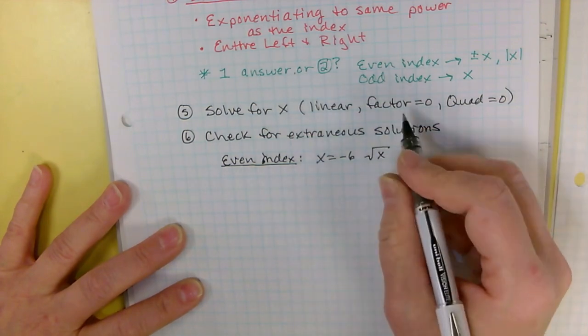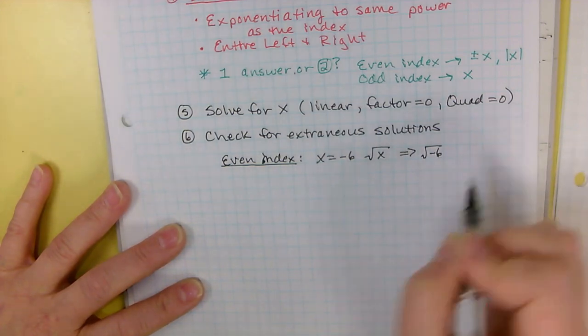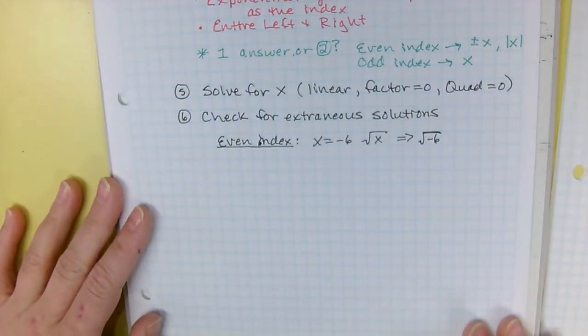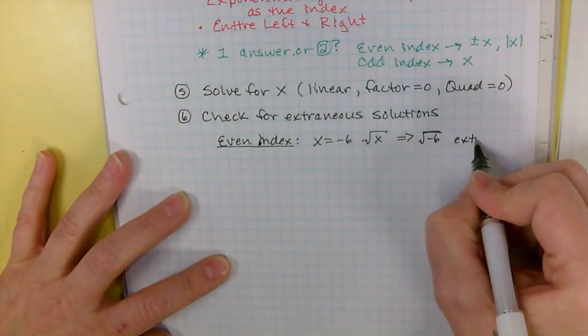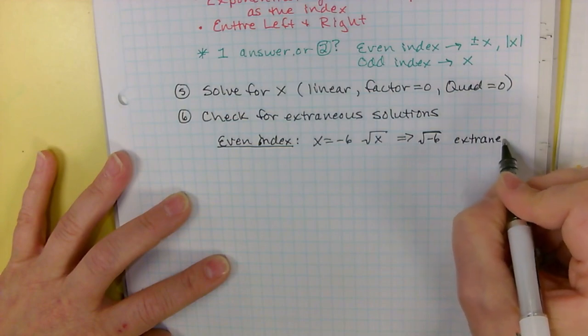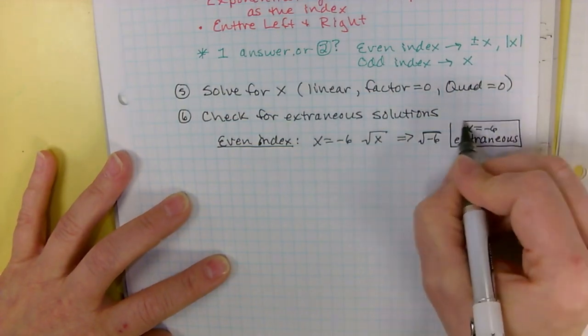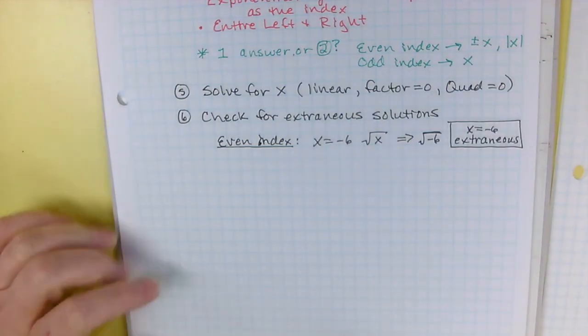If you have a square root of x, when you sub the -6 in, you have a square root of -6. You cannot have a negative under an even index. So that would indicate that your -6 is extraneous. So even index, you cannot have a negative number under the radical bar.